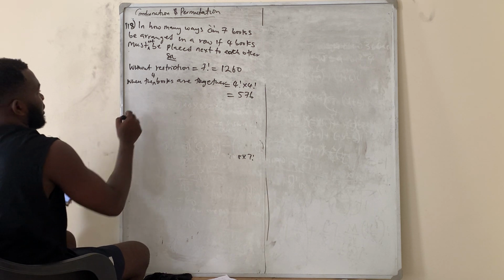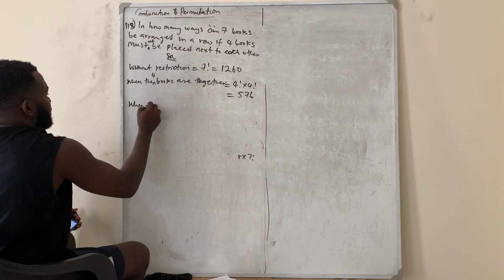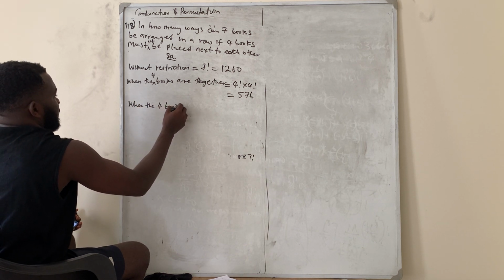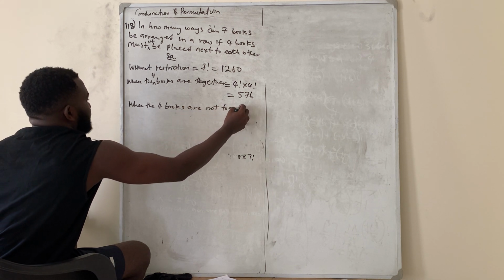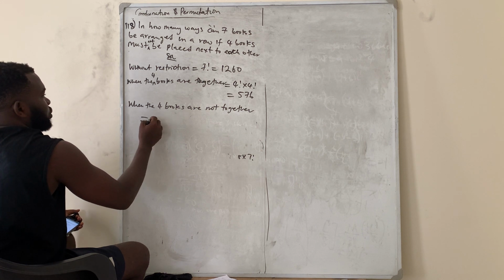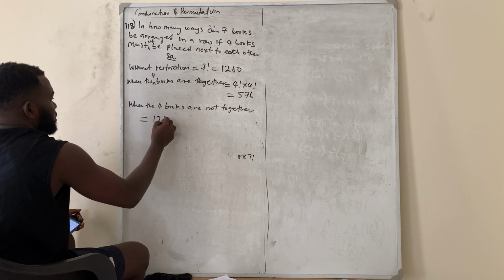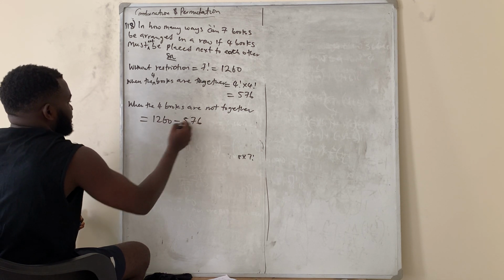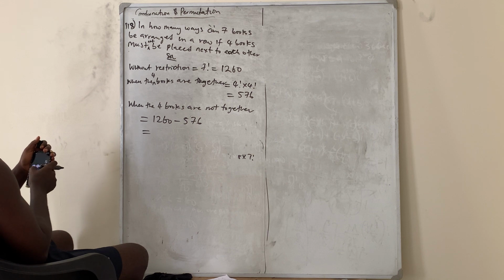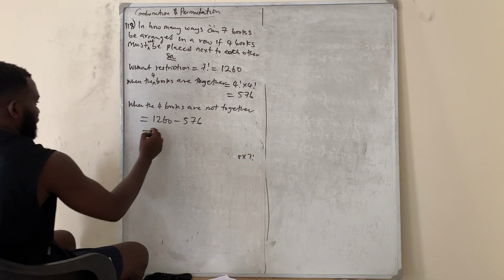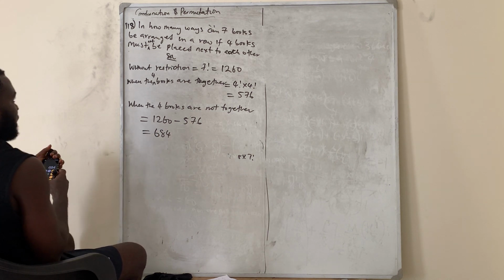So now when the 4 books are not together, it will be without restriction, which is 1260 minus 576. So I'm going to have 684 ways of doing that.